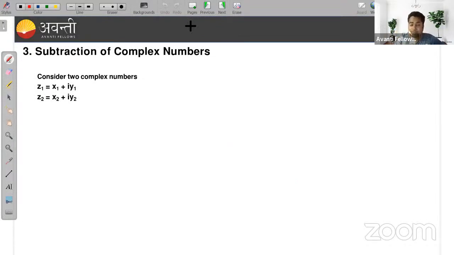Consider the same complex numbers z1 and z2. That is x1 plus iy1, x2 plus iy2. So see, z1 minus z2 is x1 plus iy1 minus (x2 plus iy2).